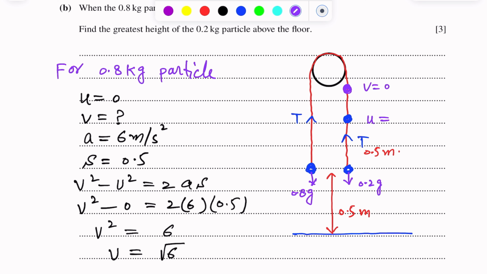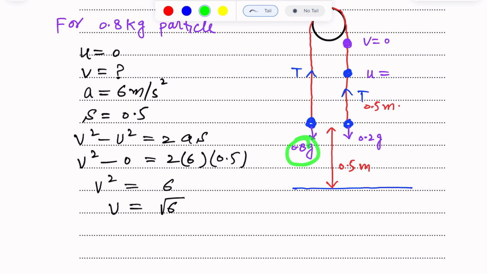Initial speed is the same with which the 0.8 kg particle reaches the floor, that is root 6. Because the speed of the 0.8 kg particle with which it comes to the floor is the same as this 0.2 kg particle, the initial speed we are taking is root 6, final speed is 0.